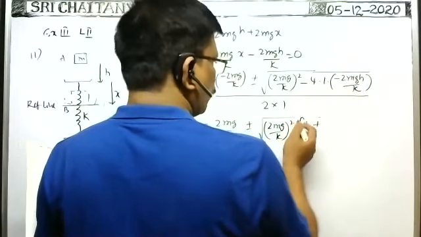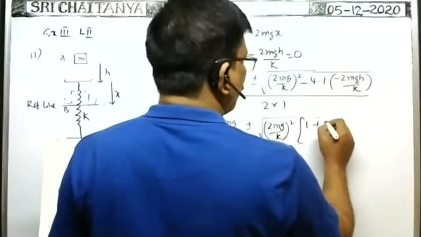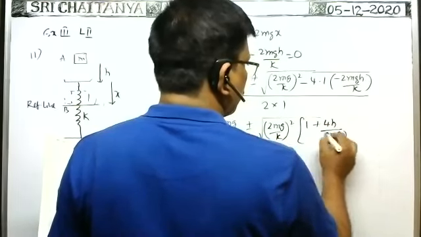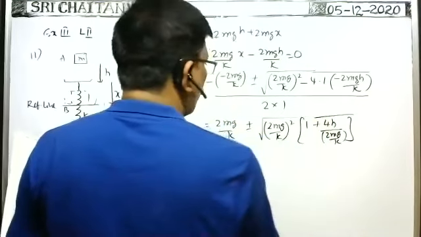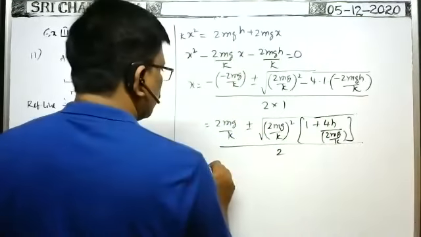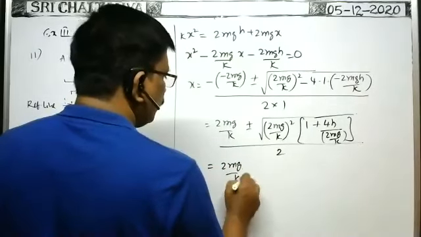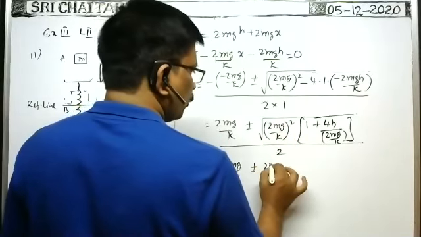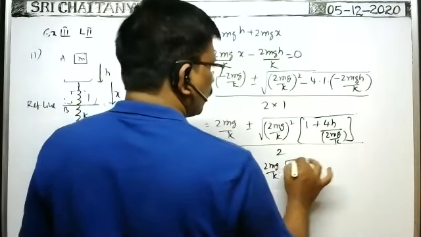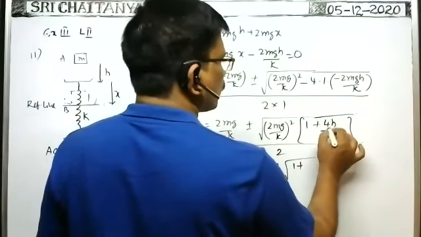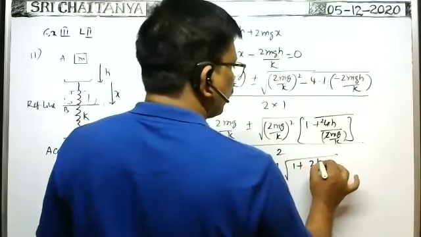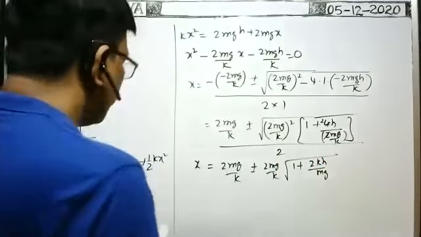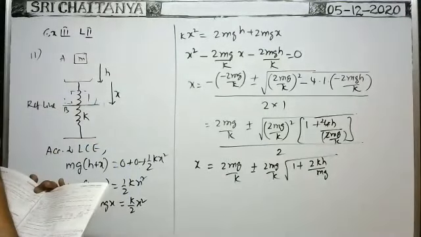When you take common, 2mg square is taken common, then here you will get 4 into 4h by 2mg by k. Okay, whole by 2, that is equal to 2mg by k plus or minus, you write 2mg by k outside, then 2mg by k into root of 1 plus, here 2 2s are there, therefore 2kh by mg we can write now. So this is the compression in the spring. It is the compression in the spring.